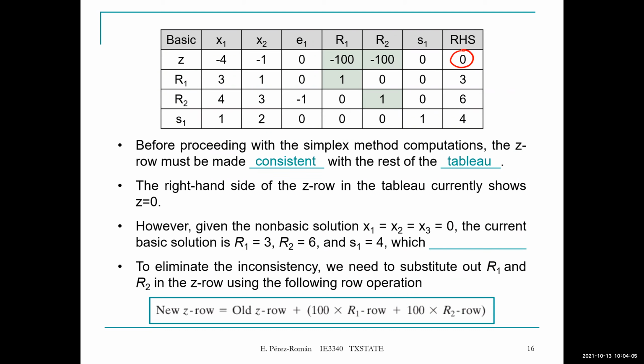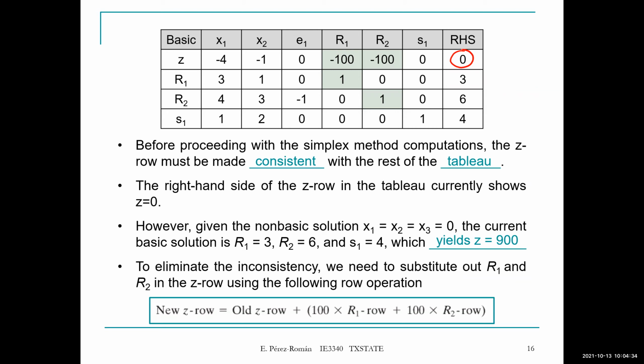However, given the non-basic solution x1 equals x2 equals x3 equals 0, the current basic solution where R1 is equal to 3 and R2 is equal to 6 and S1 is equal to 4 will yield a 900 objective function. To eliminate the inconsistency, we need to substitute our R1 and R2 into 0 using the following row operation.